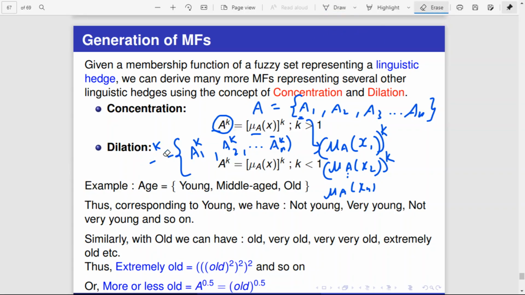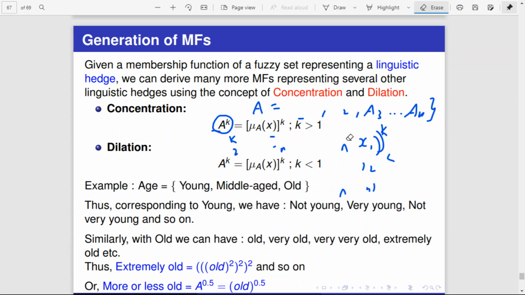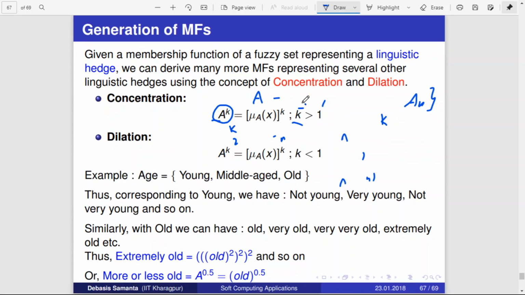Dilation is also a new fuzzy set which we are creating, but the difference is that in case of concentration, the value of k will be greater than 1. If k is greater than 1, then we say it is concentration. In case of dilation, A to the power k is equal to mu A of x to the power k, where k is less than 1.